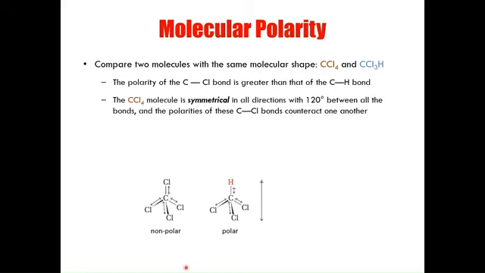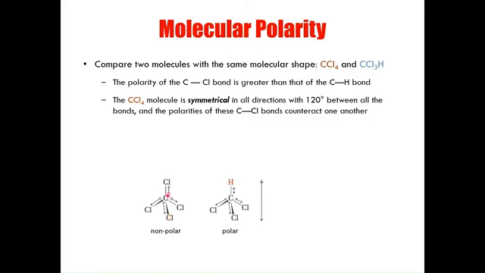Carbon tetrachloride is a symmetrical molecule with 4 bonds that are exactly 120 degrees apart. Not only that, but the carbon bonds are all to chlorine atoms. And each chlorine atom is attracting electrons from the carbon with the exact same amount of force. The attraction of this chlorine pulling downward is completely cancelled out by this chlorine pulling upward.